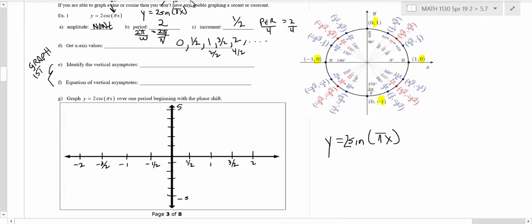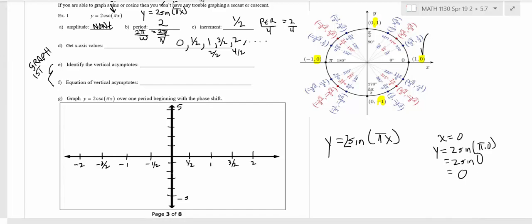So notice on this that if x is equal to 0, then you would get y equals 2 sine of pi times 0. That would be 2 sine of 0, and the sine of 0 is 0, so you would just get 0. Okay, so your first point on this is just going to be right there.